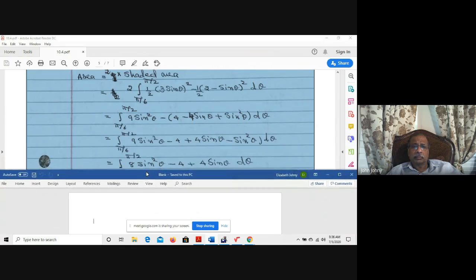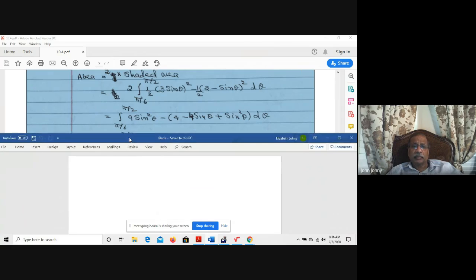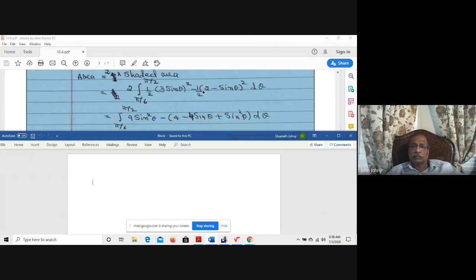distribute that. Oh yes, the 2 cancels here. Here is a 1 half, here is a 1 half, and there is a 2 outside, so these two 1 halves cancel. You get 9 sine square theta minus, foil this because the 1 half is already gone, 4 minus 4 sine theta plus sine square theta, d theta.